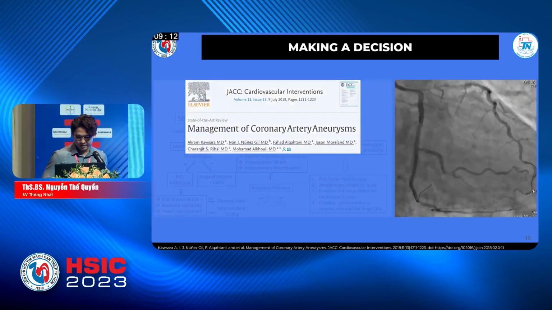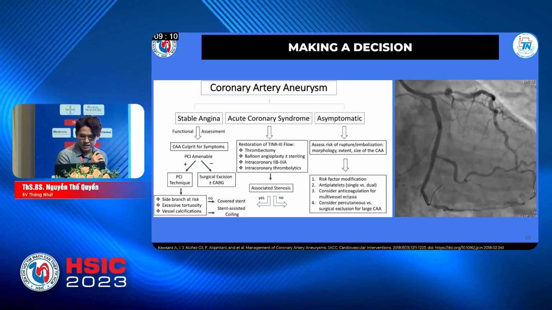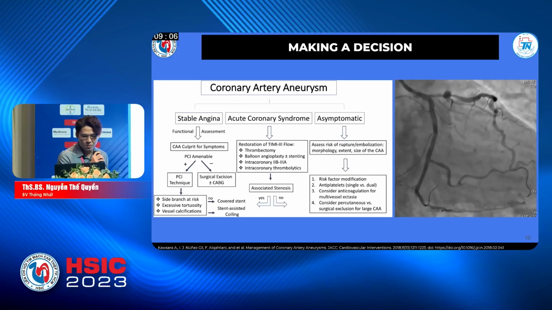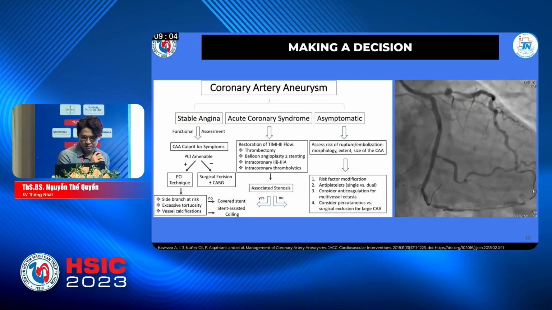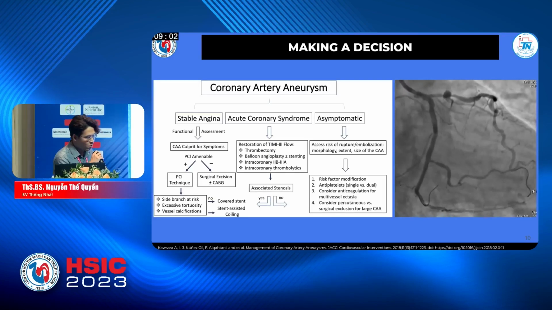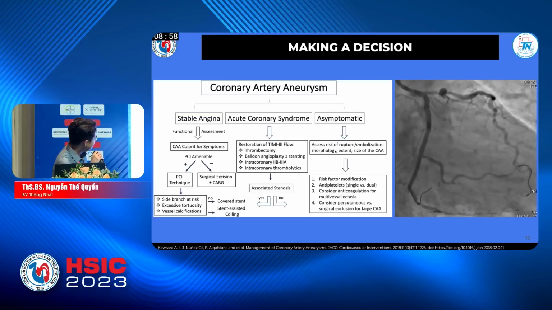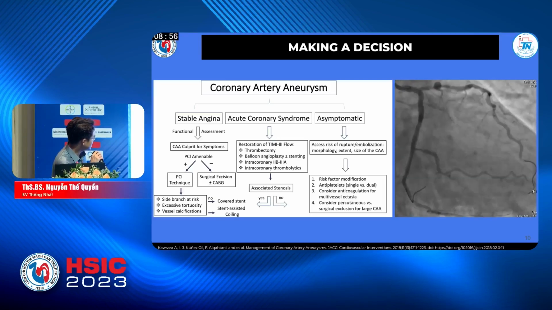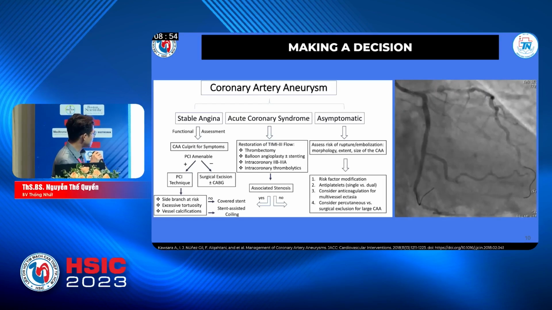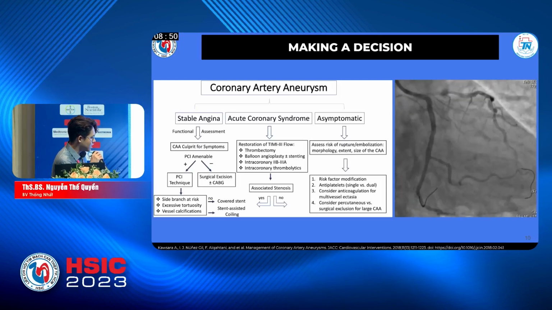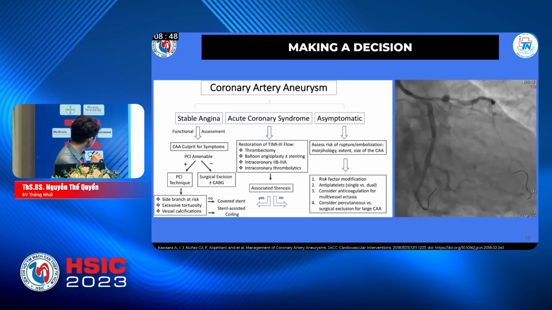Depending on the presentation scenario of the patient, the review proposed 3 ways to manage the coronary aneurysm. Our patient was admitted with an ACS having an aneurysm associated with a stenosis. So the solution comes down to a cover stent or a stent-assisted coil, depending on the lesion characteristic.